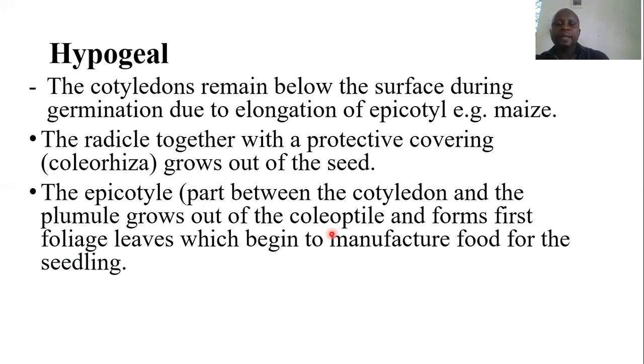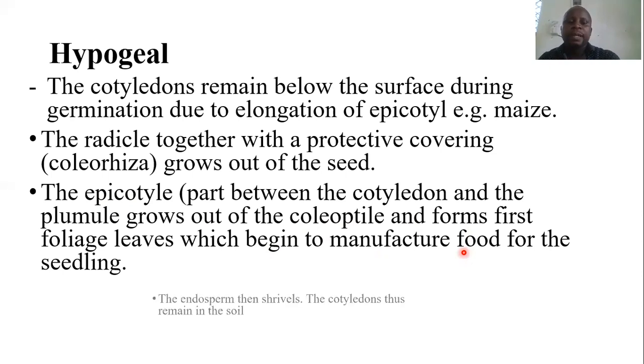When the coleoptile reaches the surface, the epicotyl will pass out of the coleoptile, hence forming the first foliage leaves. When the foliage leaves are formed, they start to manufacture food for the seedling.